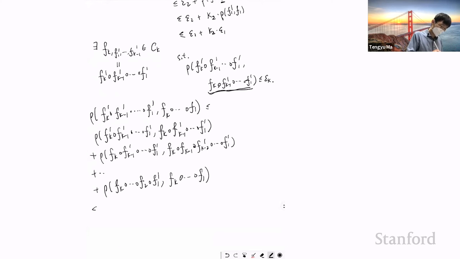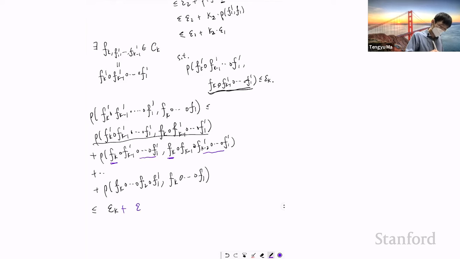And now you bound each of these terms. The first term by definition is less than epsilon k. And the second term, you see that these two are the same, and this part is also the same. The only differences come from the difference between f'k-1 and fk-1.